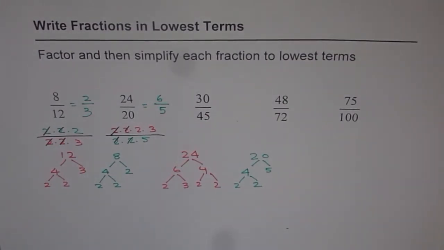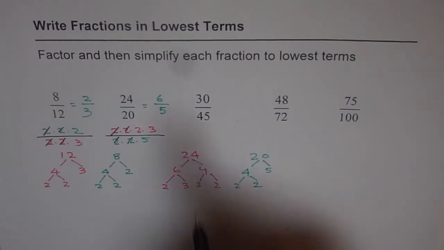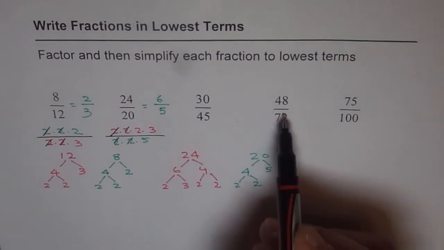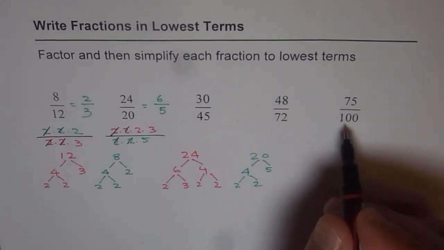Let us continue with this exercise and do some more. So which one should I do? Let me take 75 over 100, right? And the other two, 30 over 45 and 48 over 72, are for you to do. So that will be your practice question. Let's try with 75 and 100.